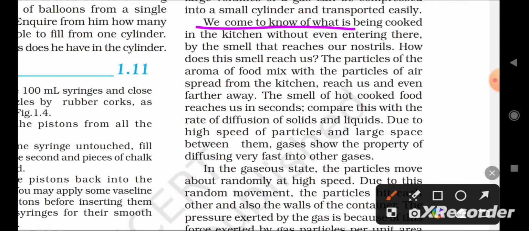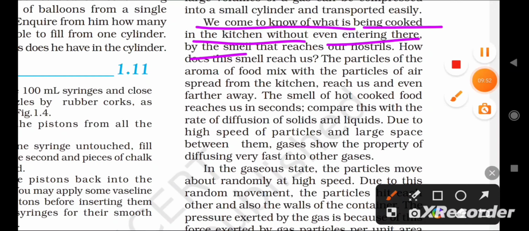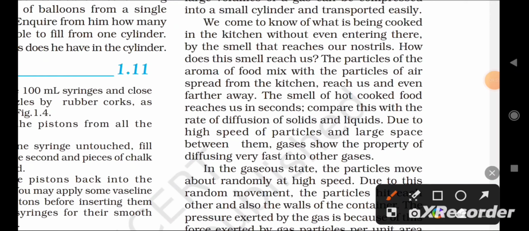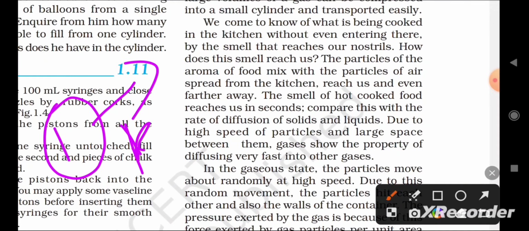We come to know what is being cooked in the kitchen without even entering there, by the smell that reaches our nostrils, correct? Whenever your mother is cooking your favorite food, while you are sitting in the hall watching your movie, you can smell it easily, and you will ask your mother, oh, this food is, for example, pizza or burger.